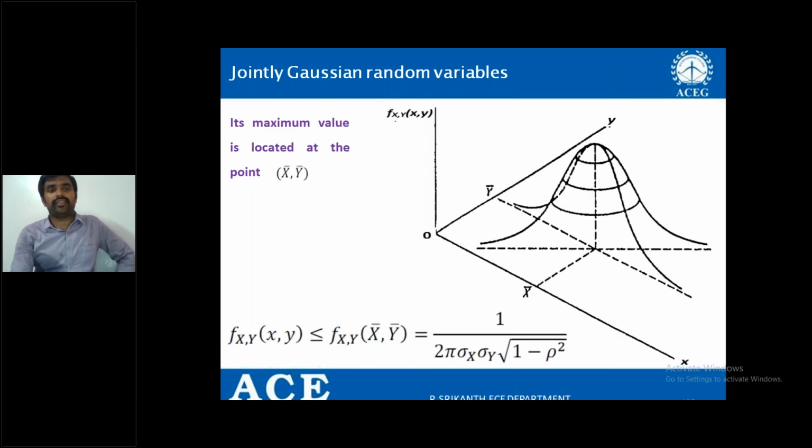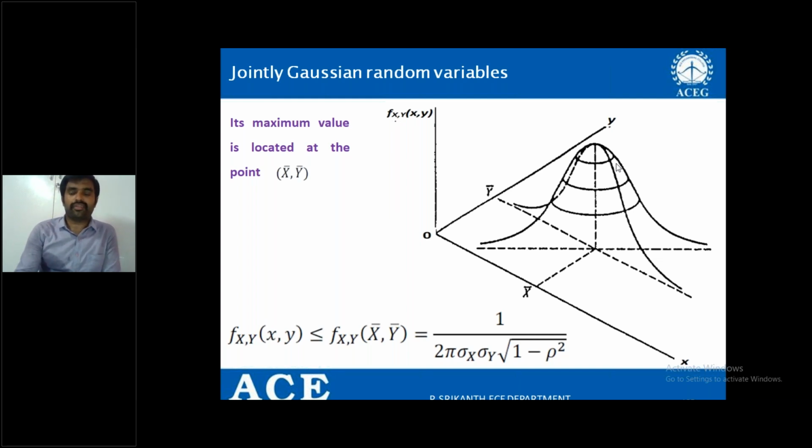Another thing to remember is that the maximum value can be represented as 1 by 2 pi sigma x sigma y under root 1 minus rho square. That is, f_xy of x comma y is less than or equal to f_xy of x bar comma y bar, where the Gaussian function is maximum, and it is equal to 1 by 2 pi sigma x sigma y under root 1 minus rho square. It is the magnitude of this function at x bar comma y bar.